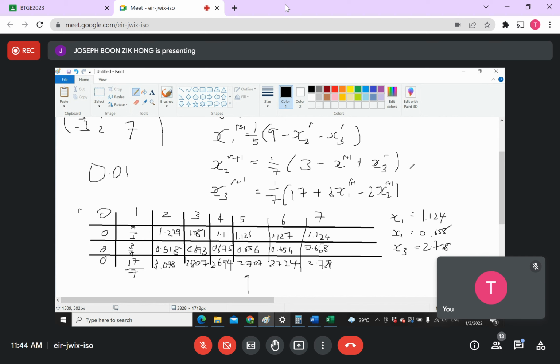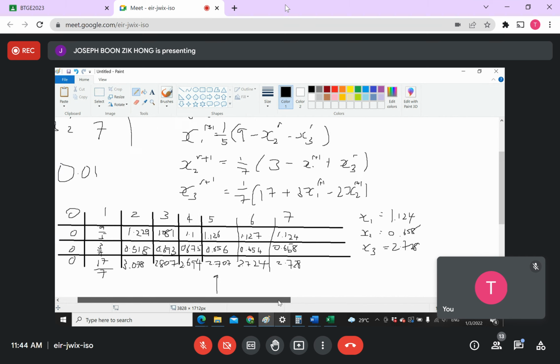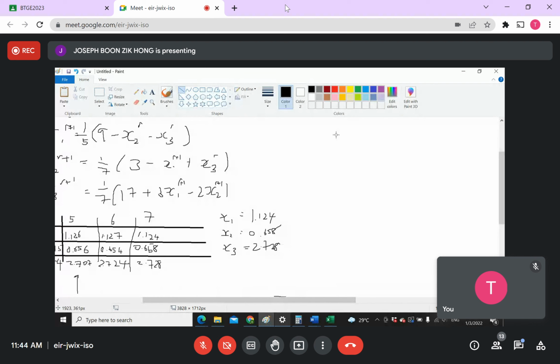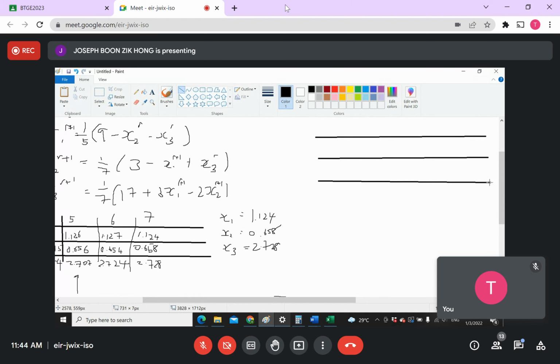Okay, so we have looked at Jacobi, then how about this? I do it here so that later we can compare. When this is 0, again we start with 0, 0, 0.